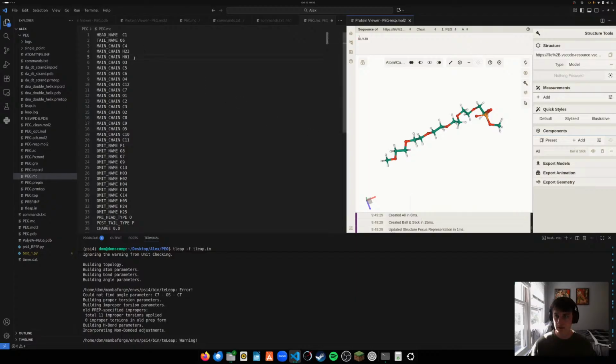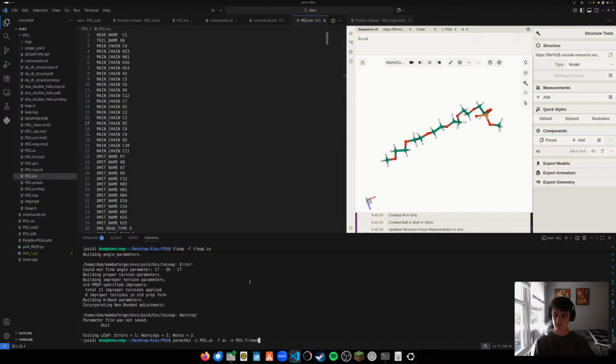H10, H14. Let's see what this does, just from here.